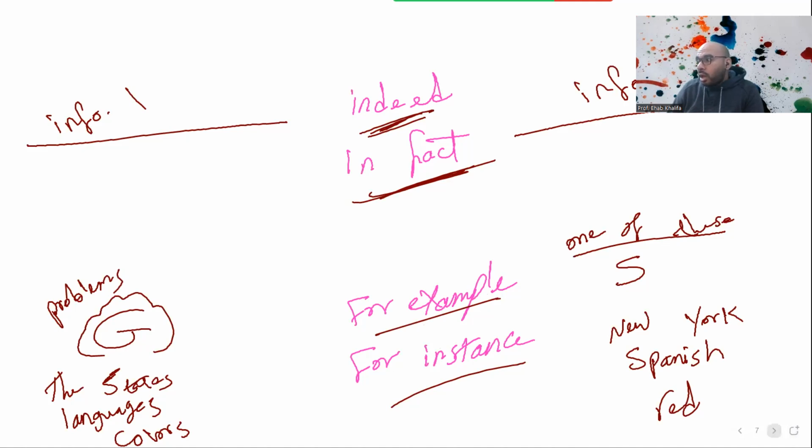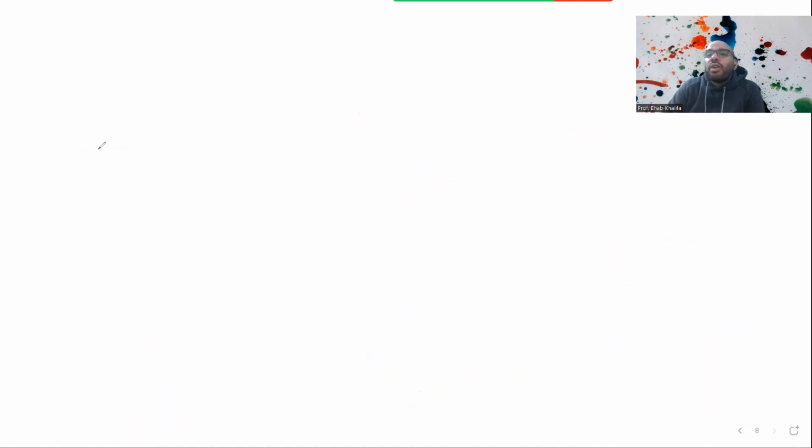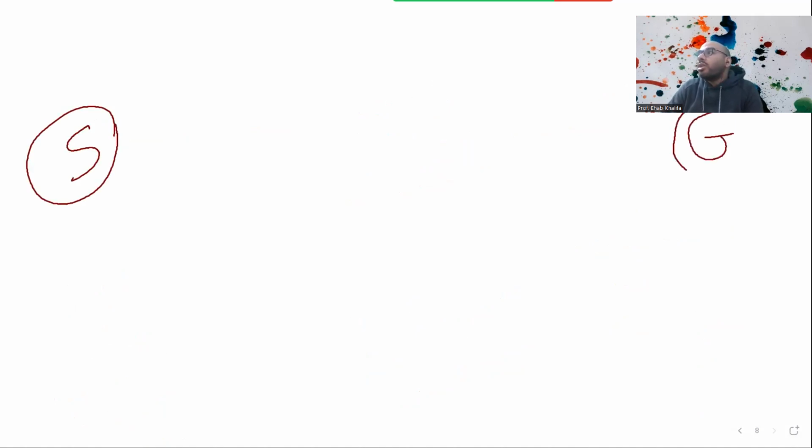This is a case and a question for you. What if I find the specific before and general after? What do I write here? How can I link these two? Send your answer or raise hand. How can I link specific to general?